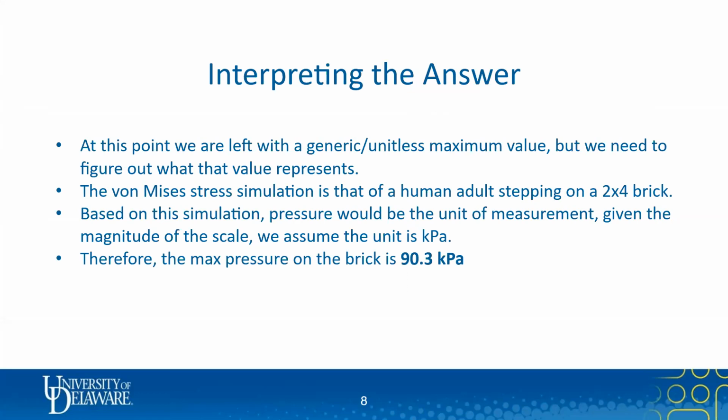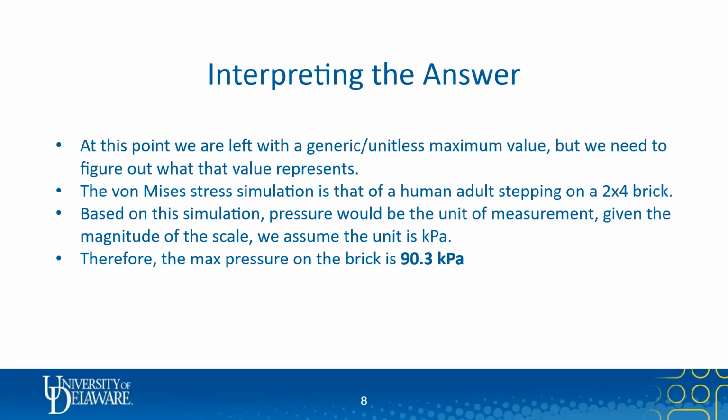So we knew for a fact from the description that we were dealing with a human adult stepping on a 2x4 brick, which we assumed the average human to be about 70 kilograms, and did a quite basic simulation to find just a key of what the unit might be.